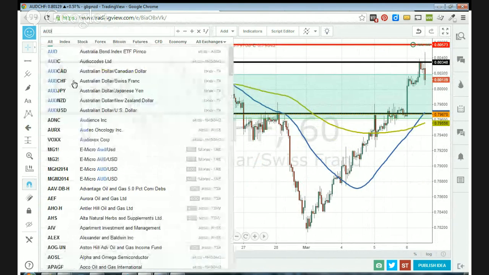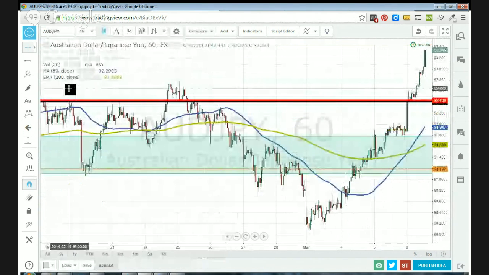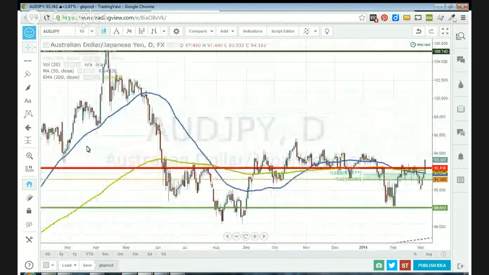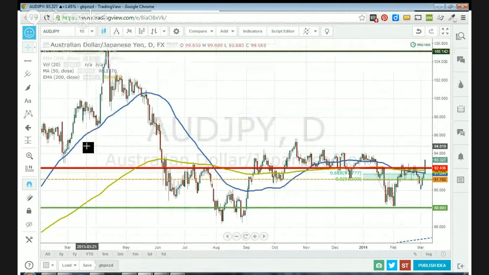Aussie yen. Yeah, look at that. Whew. That just burned right through. I had to move my stop to break even, so that's a huge rally in Aussie yen.